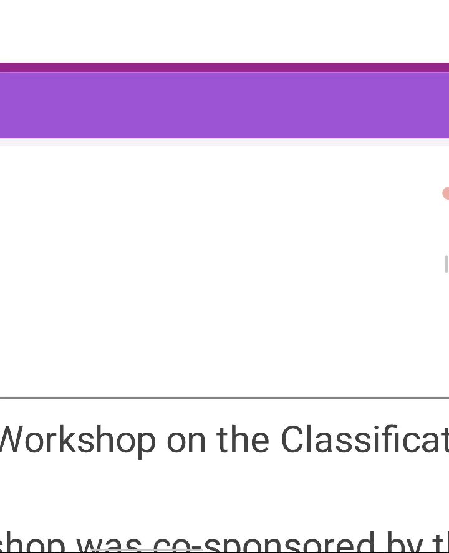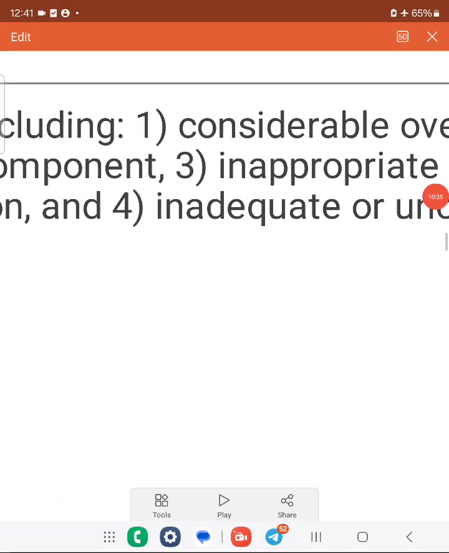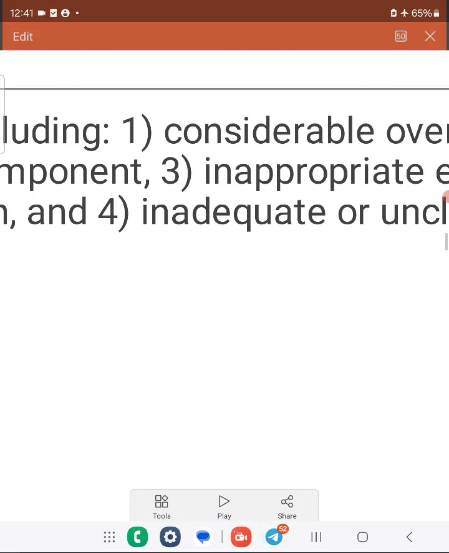Okay, so they keep on changing, and now in the last one they put the peri-implant diseases.